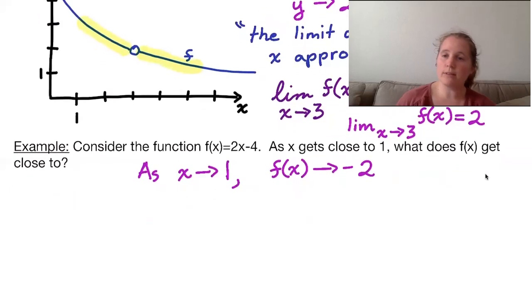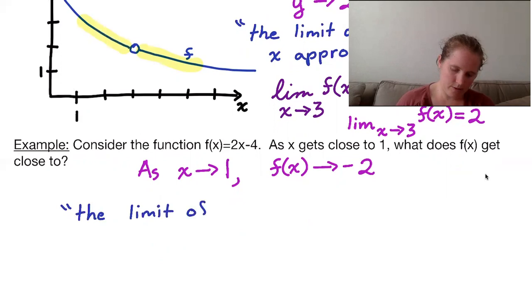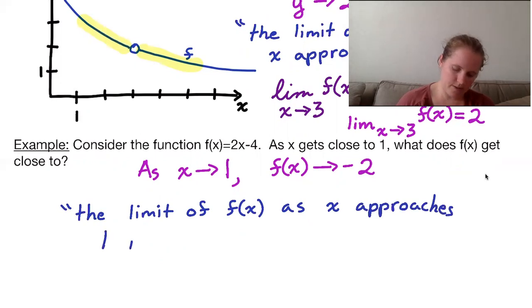So if we put this in limit terms, then what we should say is the limit of f of x as x approaches 1 is -2.